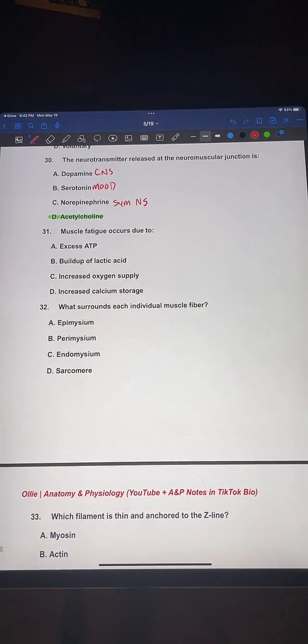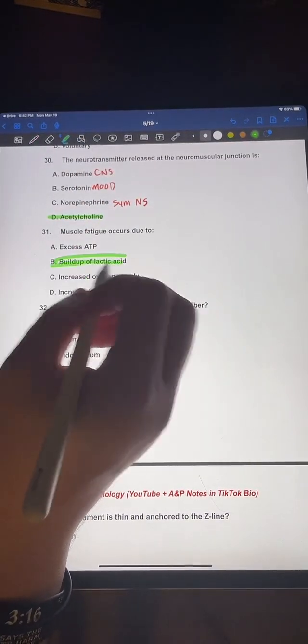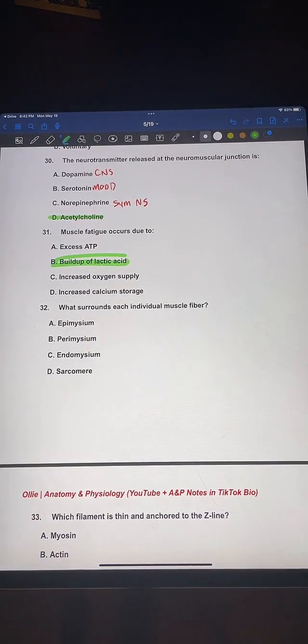31, muscle fatigue occurs due to... Fantastic. It is the buildup of lactic acid.